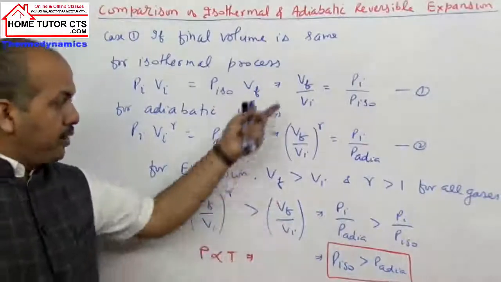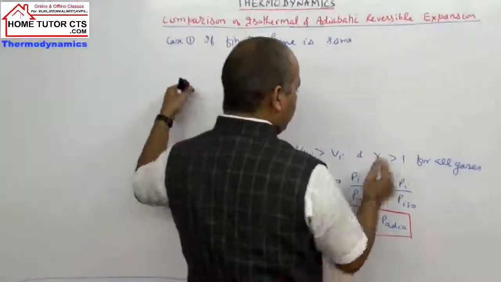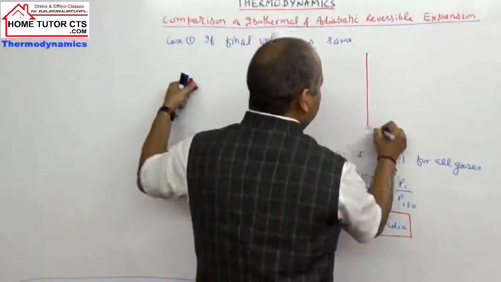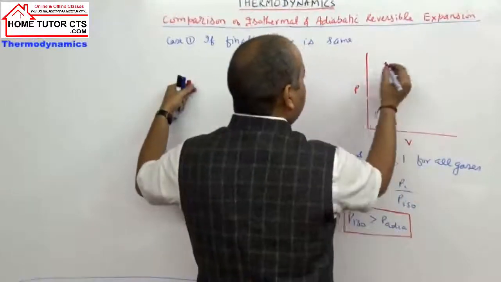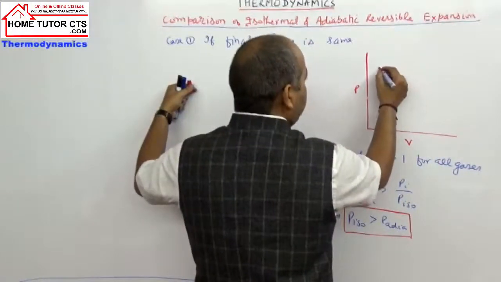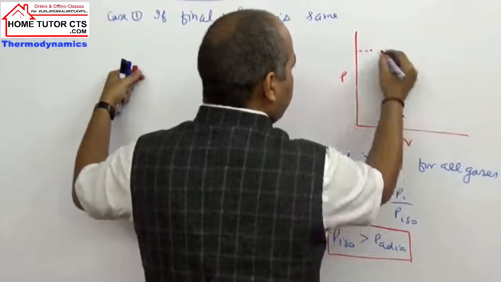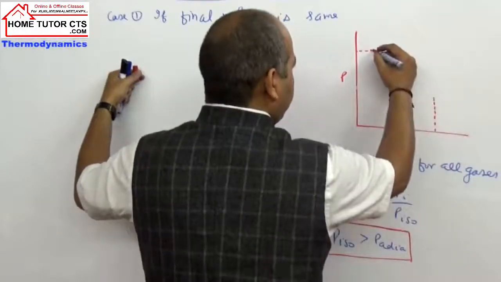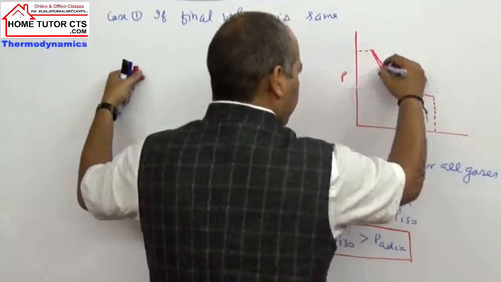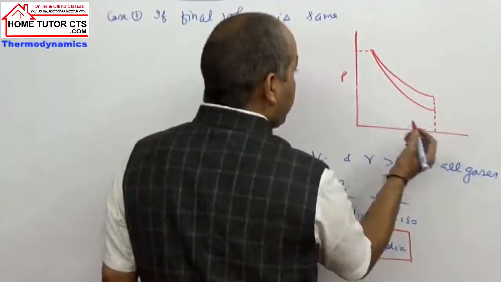So if I take this work comparison graphically, I can show you. If I write from the same observation the graph, we take a pressure volume graph. I will take the initial pressure same in both the cases, final volume same in both the cases. But the final pressure will not be the same.